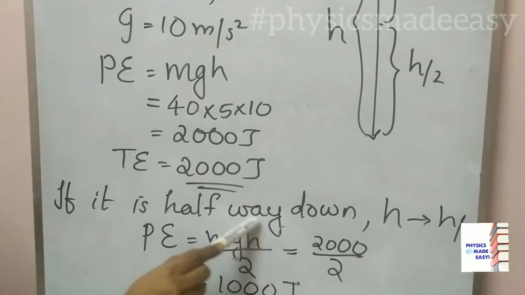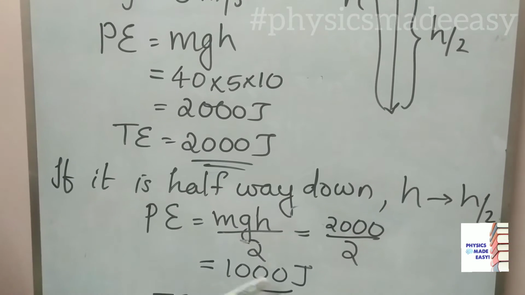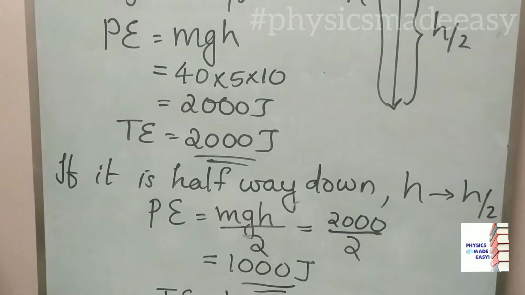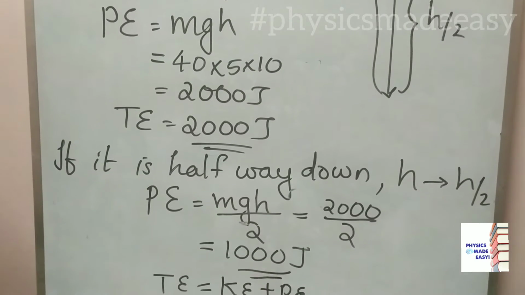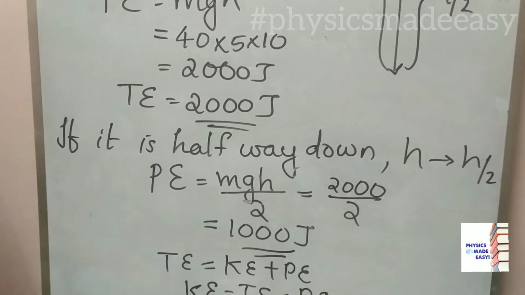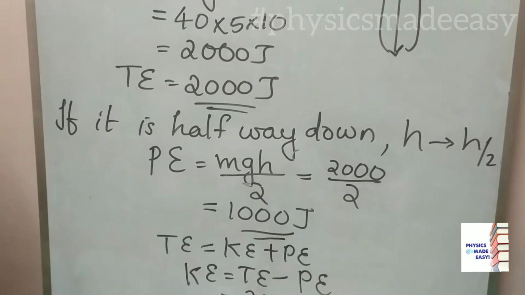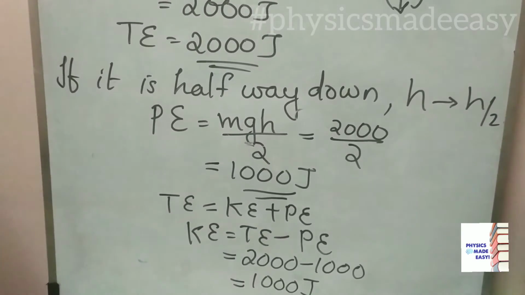So mgh, you know that is 2000. 2000 divided by 2 is equal to 1000 joule. That is the potential energy. But you know total energy is equal to kinetic energy plus potential energy. So what will be the kinetic energy? Total energy minus potential energy, 2000 minus 1000, that is equal to 1000 joule.